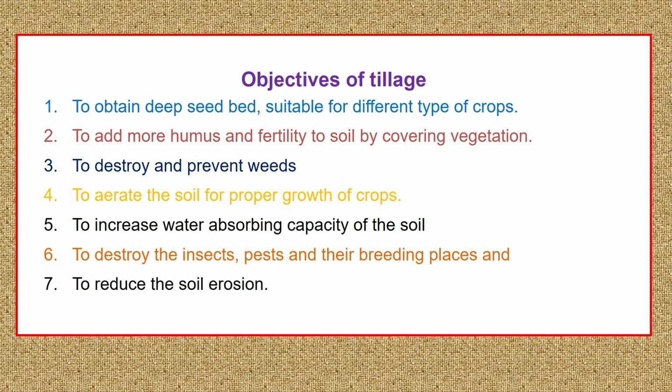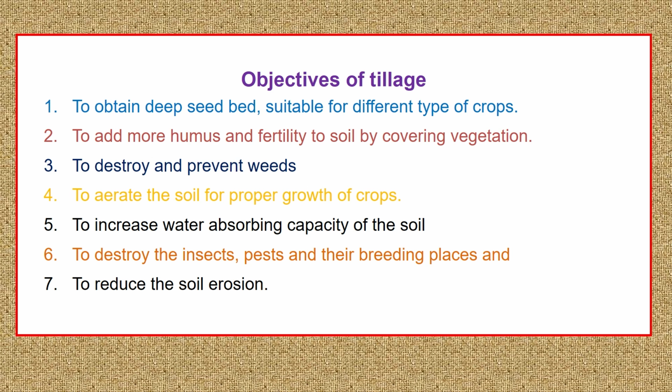Tillage is also performed to destroy weeds and prevent the growth of weeds in the field. Tillage is also done to aerate the soil for proper growth of crops. Plants respire through their roots from the soil. If soil is compacted around the plant, it will prevent aeration, and that's how the plant will die. So in order to prevent crops dying out of improper aeration, tillage is done.